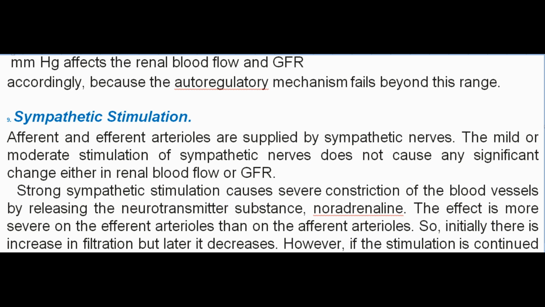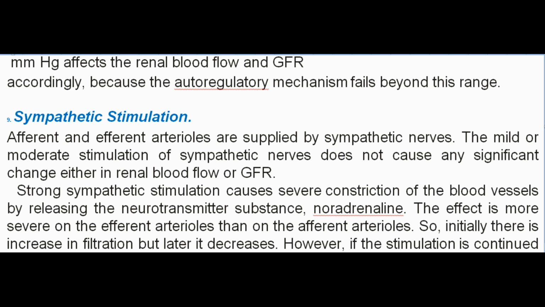Sympathetic stimulation. Afferent and efferent arterioles are supplied by sympathetic nerves. Mild or moderate stimulation of sympathetic nerves does not cause any significant change either in renal blood flow or GFR. Strong sympathetic stimulation causes severe constriction of the blood vessels by releasing the neurotransmitter noradrenaline.